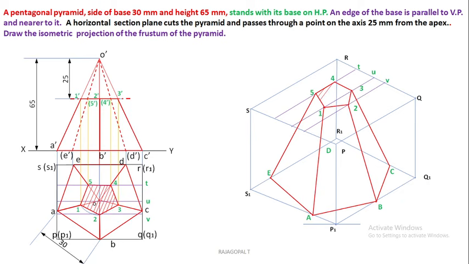After the completion of hatching, we can say this is our final isometric projection of the frustum of the pyramid. So the final answer of this question we obtained.